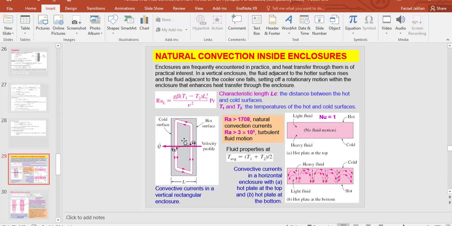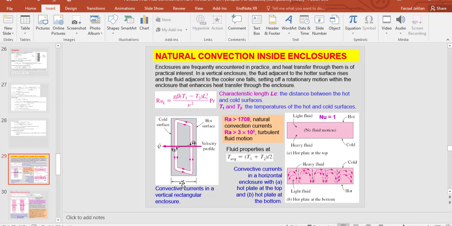Actually, it depends on some characteristics of the enclosure. It's the geometry, it's the orientation. As you know, if this is a vertical enclosure, the gravitational acceleration, or gravity force, is in this direction.